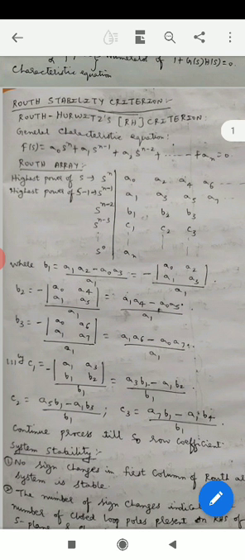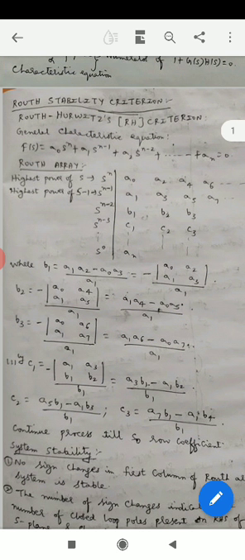So negative of this is written as b1 equals a1 into a2 minus a0 into a3, the primary diagonal element, divided by a1.